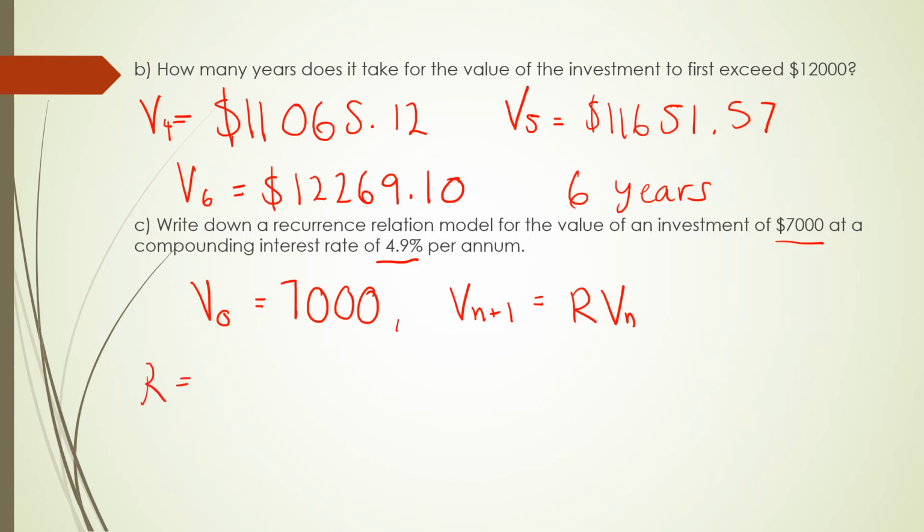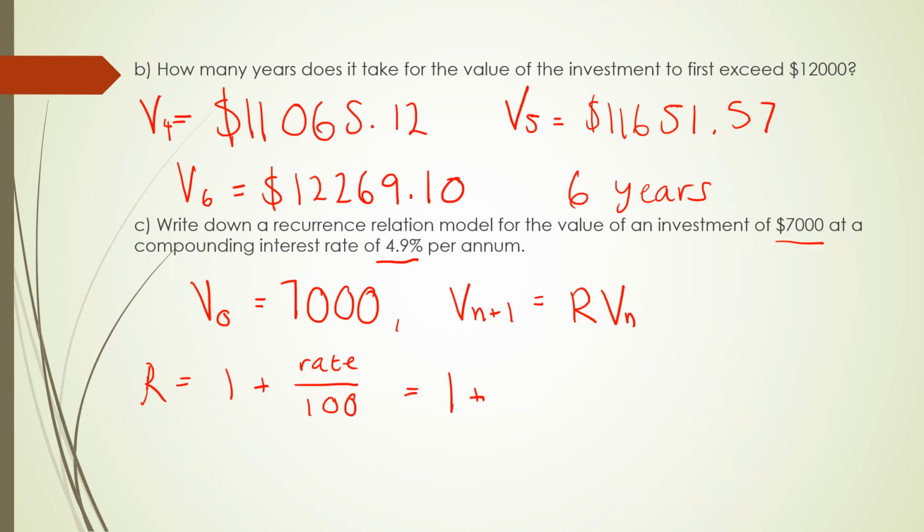The way in which we do that is R equals 1 plus whatever the rate is over 100. Now it's 100 because this is an annual rate, because it's compounding annually. If, for example, we were compounding monthly, we would need to adjust this by dividing by 12 or having the denominator of 1200.